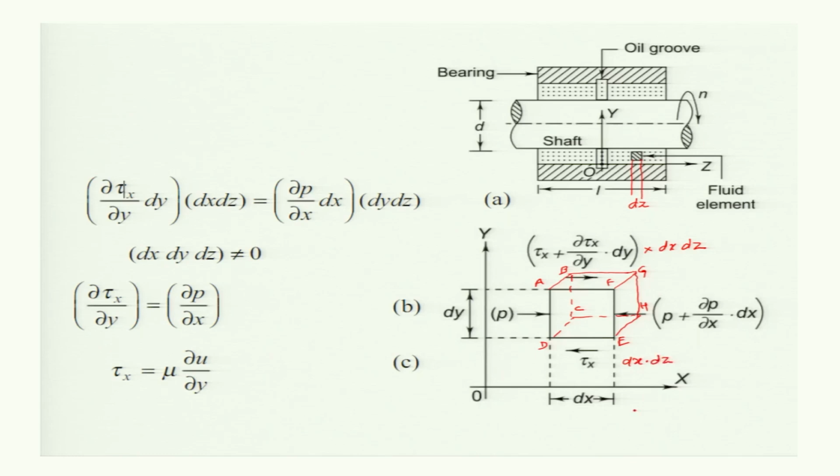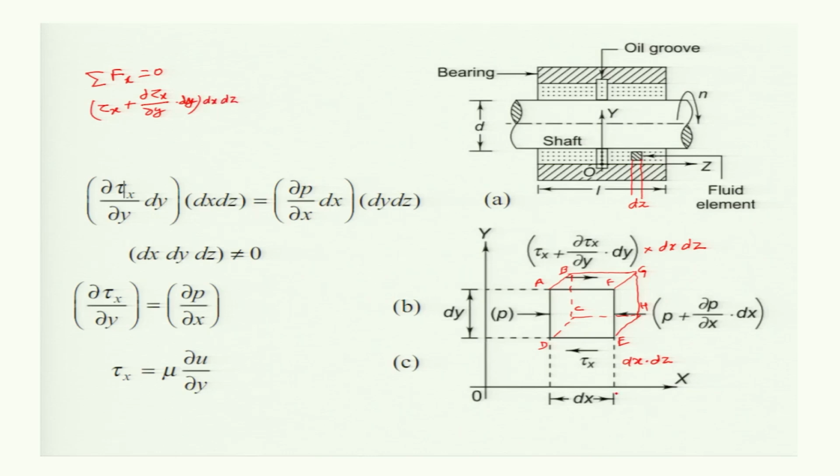Now, taking summation of all forces in the direction of x equal to 0 will give you tau x plus del tau x divided by del y dy multiplied by dx dz.